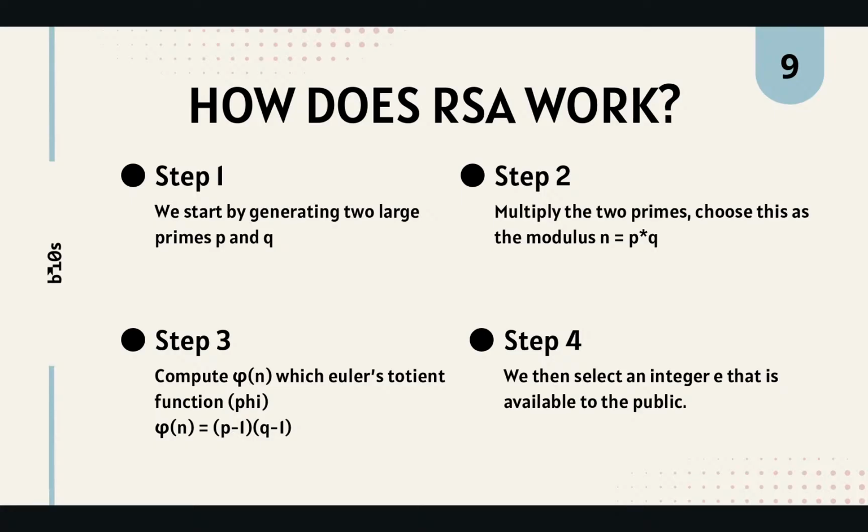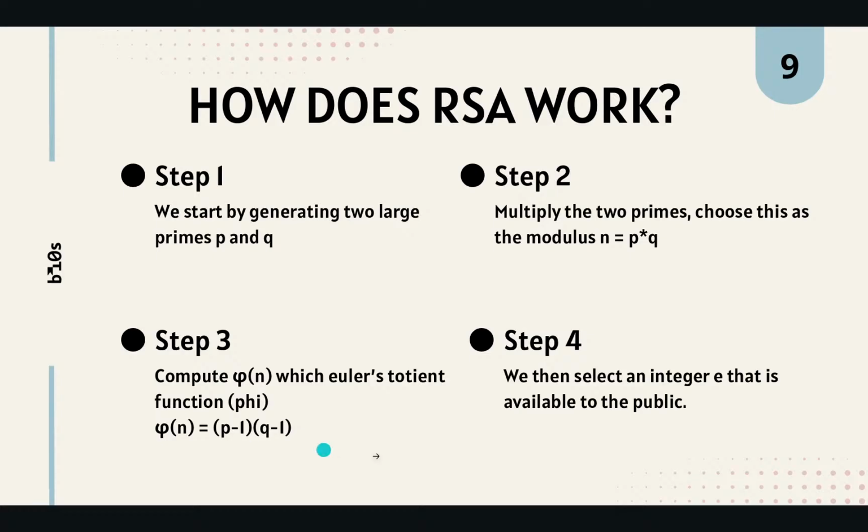Phi is basically the count of numbers less than n that are co-prime to n. If you have a number n with two factors, P times Q, phi of n would be (P minus 1) times (Q minus 1). And phi of n, which is called Euler's totient, is just the count of numbers from 1 to n that are co-prime with n.